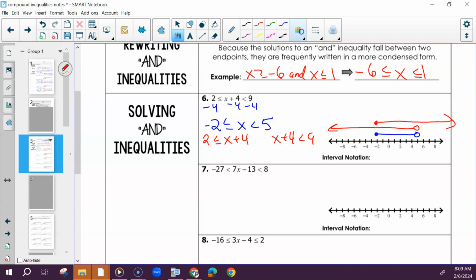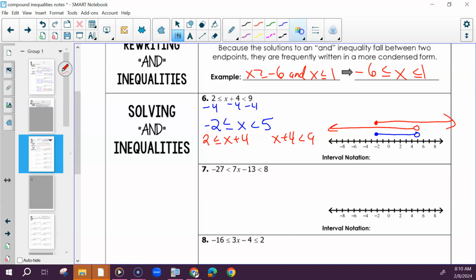Yes? What would you do if there was a greater than sign and a less than sign? What if the signs were different? In Delta Math, you will see them as two separate things, but no matter what, at the end you put the least number, and then the greatest number, and then you put x in the middle, and you just change it to less than or less than or equal to, no matter what.